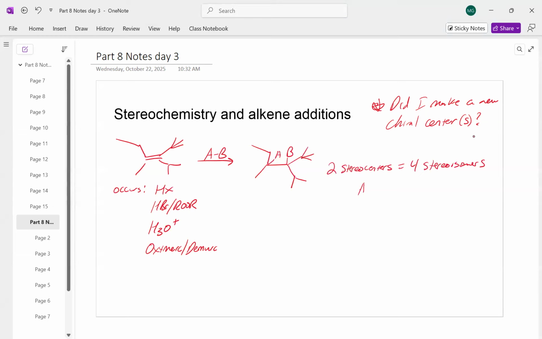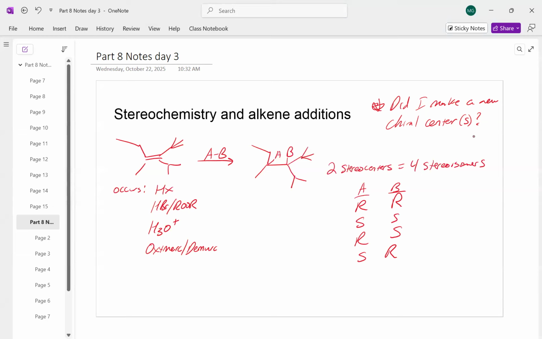Because if we look at A and B, the carbon with A could be R, the carbon with B could be R, they could both be S, one could be R and the other S, and vice versa. So you have to take that into account when you're dealing with those kinds of reactions.